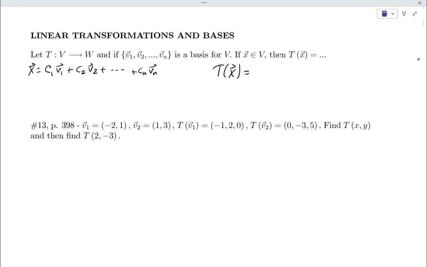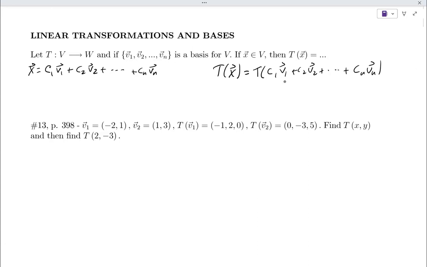So if I want to apply the linear transformation to x, that means we're going to apply the linear transformation to the linear combination. It's a lot of linears. But what can I do in regard to the linear transformation?